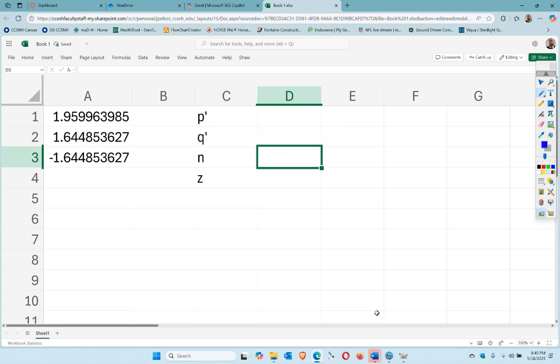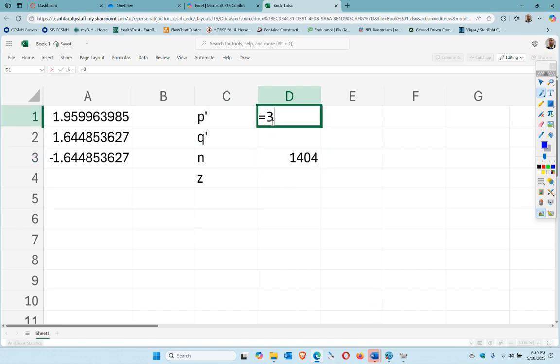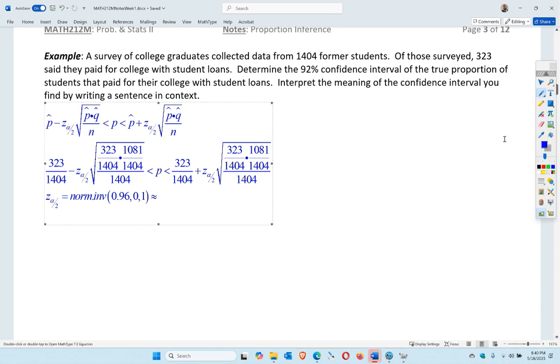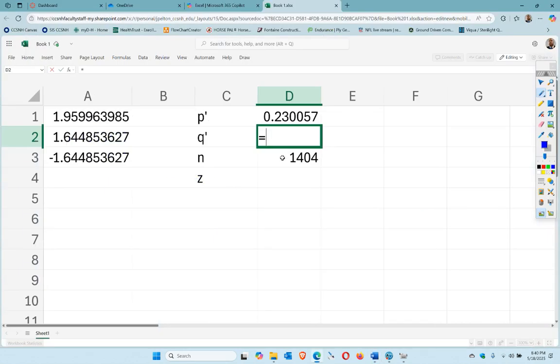Okay, so that was 1404. This was 323 divided by 1404. And this was, I already forgot, 1081. 1081 divided by 1404. Okay, notice those add up to 100%, P and Q, success and failure.